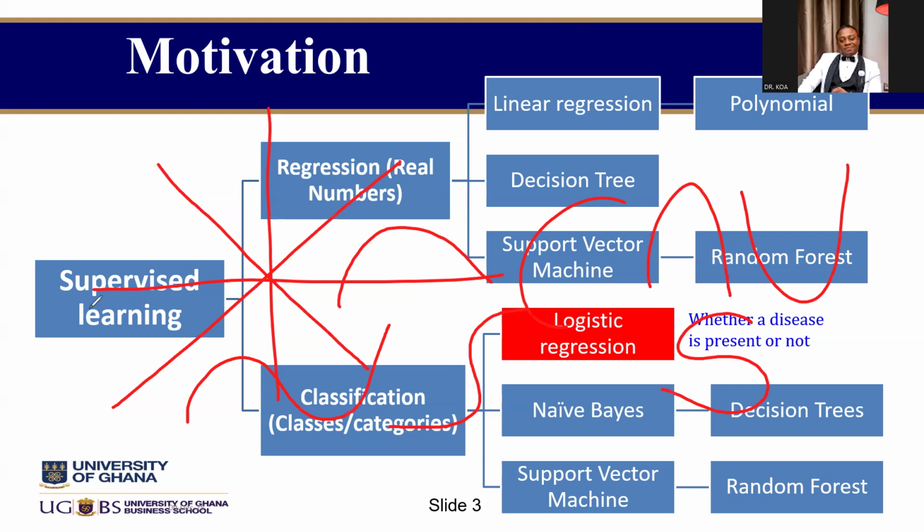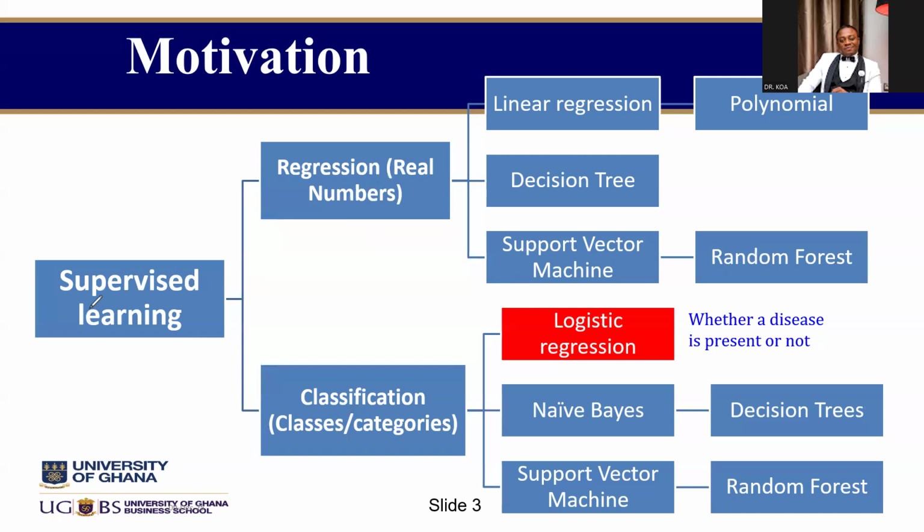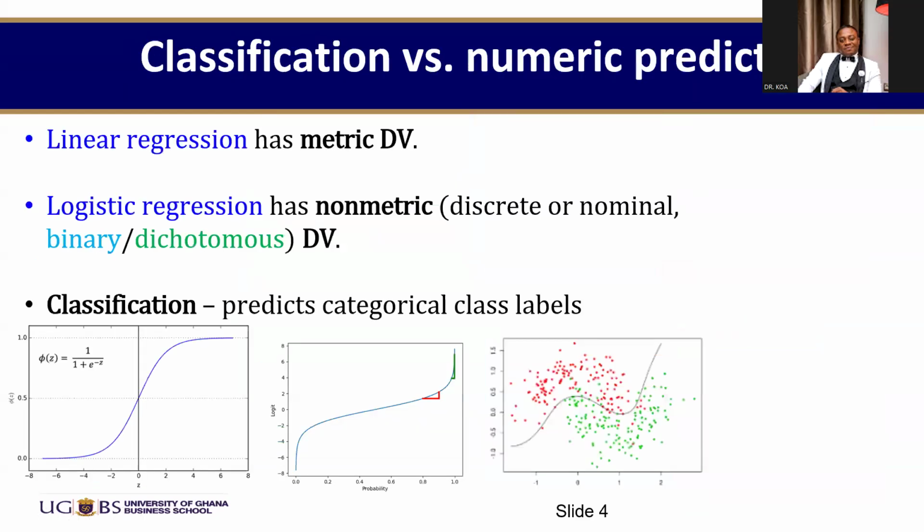Because the relationship is no longer linear, but it's more or less non-linear. It's polynomial. It's quadratic. It's parabola. That is what is known as logistic idea. But then we'll get deeper into this.